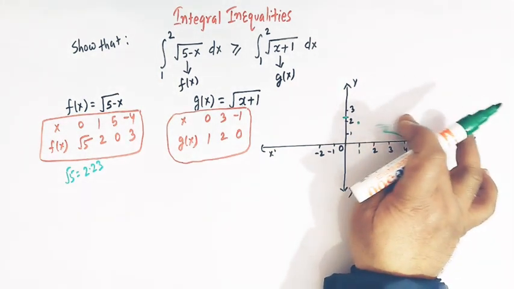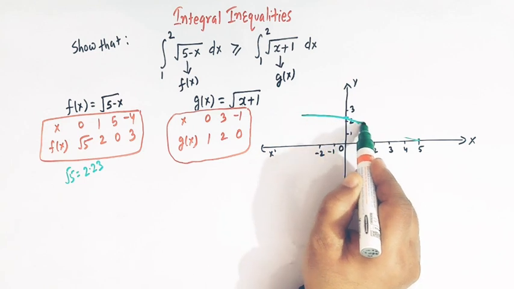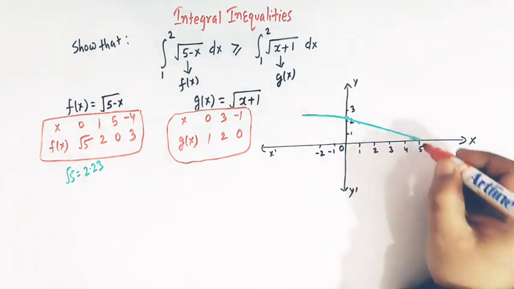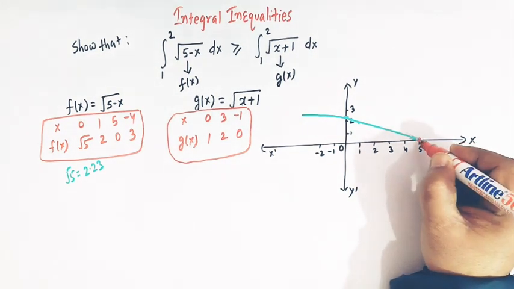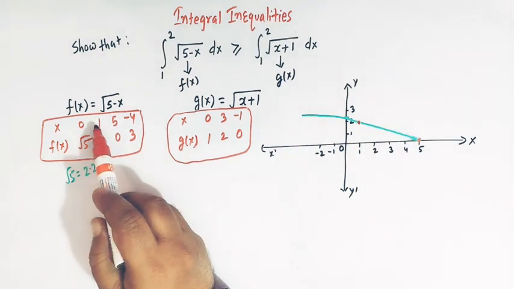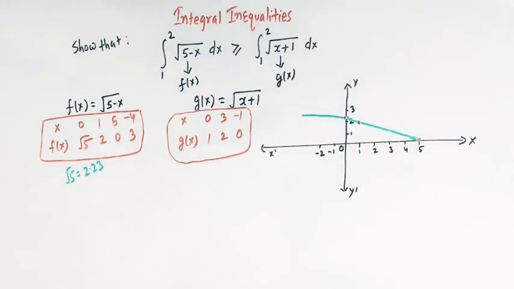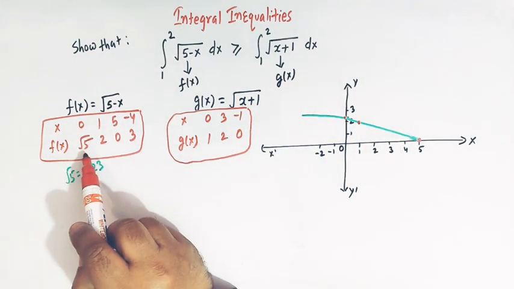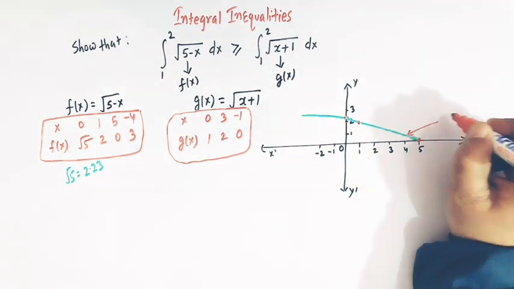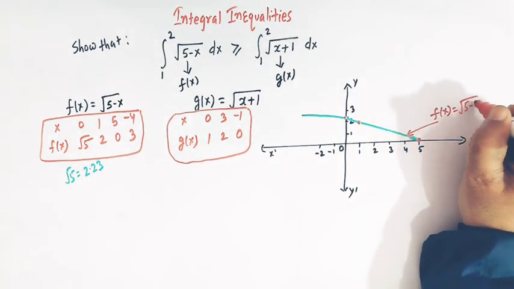This green curve shows f of x is equal to square root of 5 minus x.